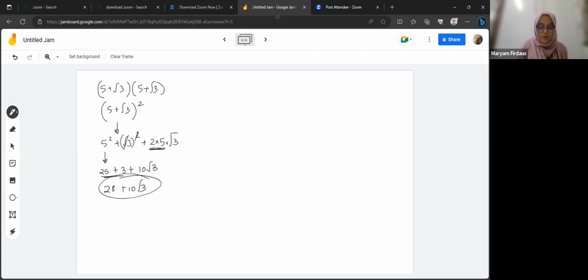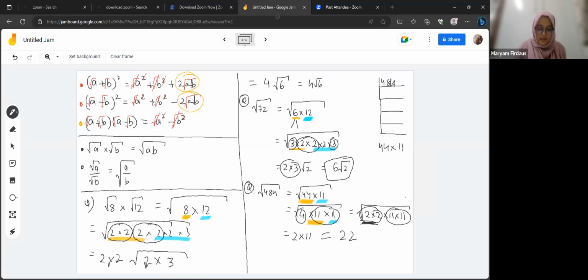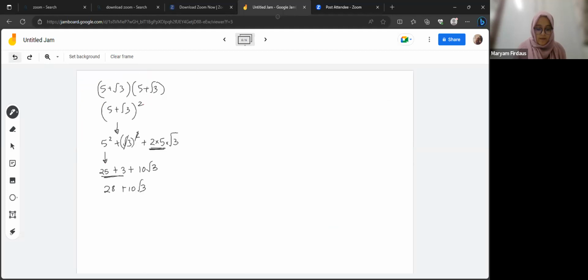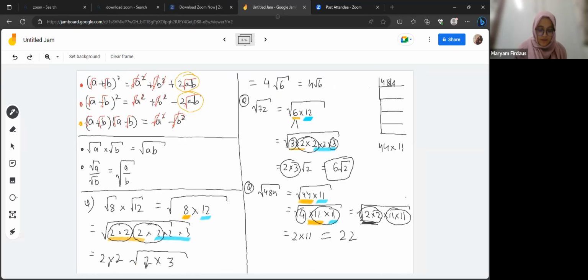Again, we are left with the root part. This is what I was just telling you over here, that if you take this identity, the first one or the second one, you are still going to be left with some root portion. That is why we are supposed to take the third identity.